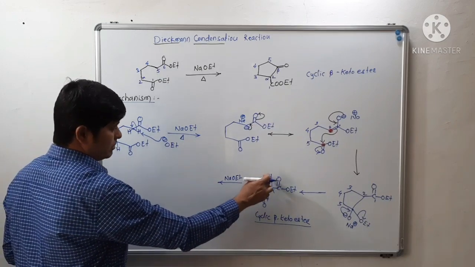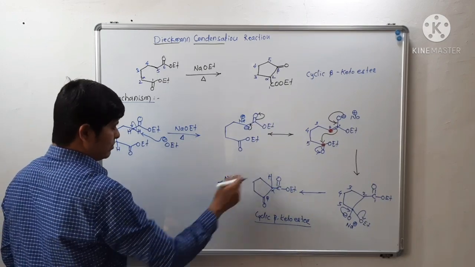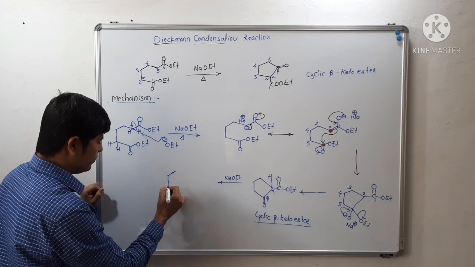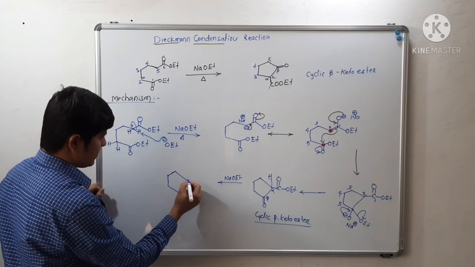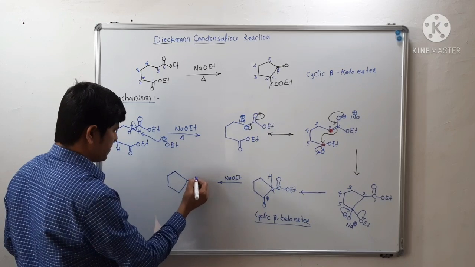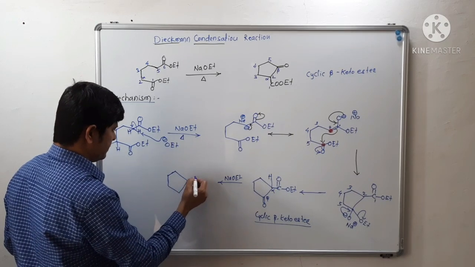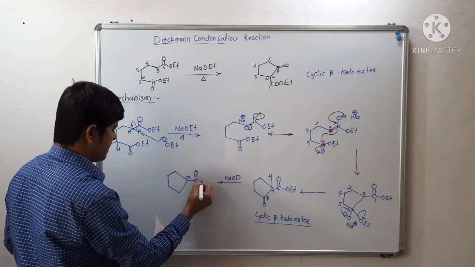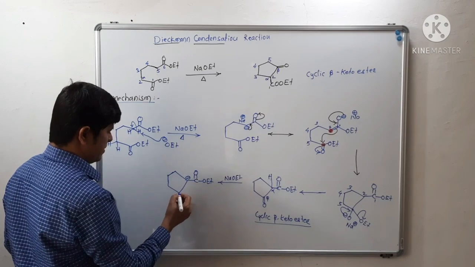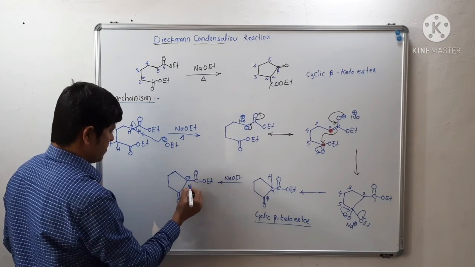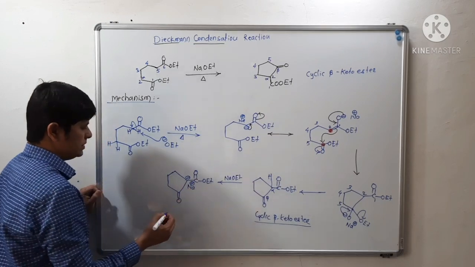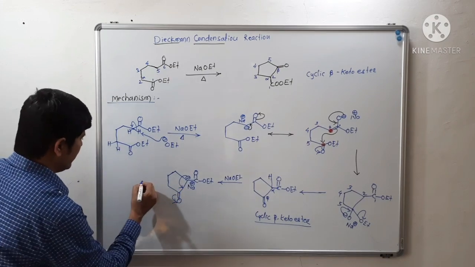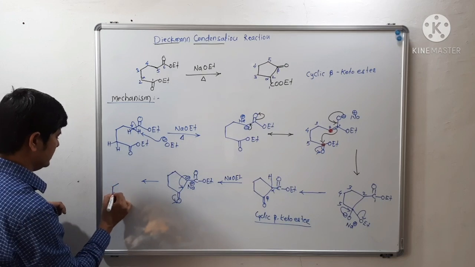So this alpha hydrogen atom is more acidic, so the alkoxide ion will abstract this alpha hydrogen atom, and we will have such an intermediate now. Now it will get enolized like this, and you will have the next intermediate structure like this.